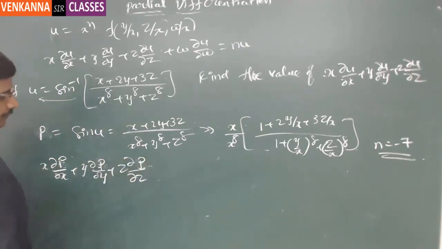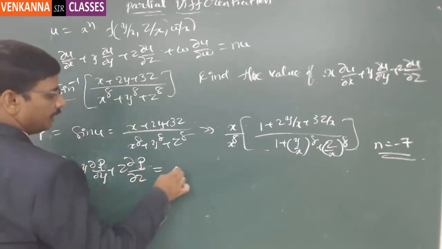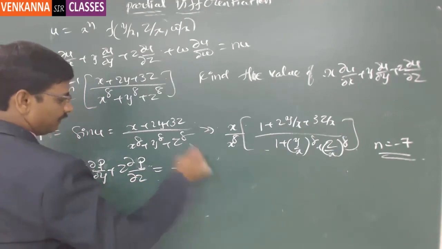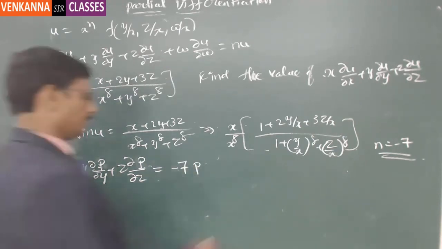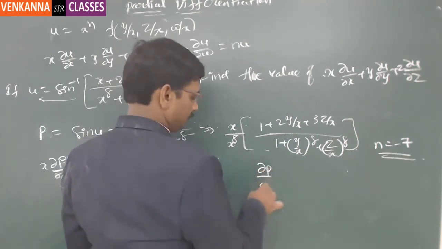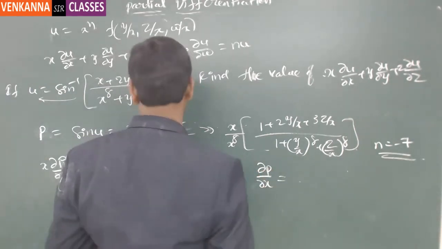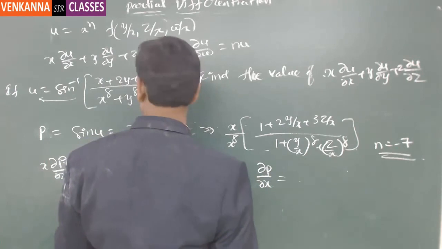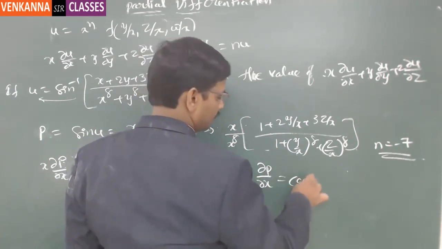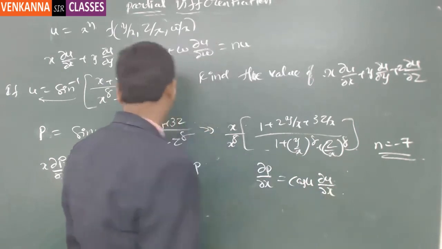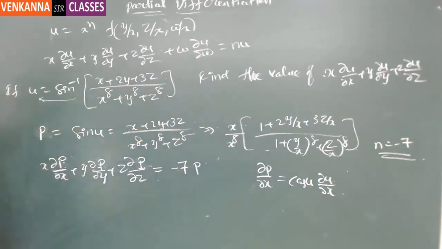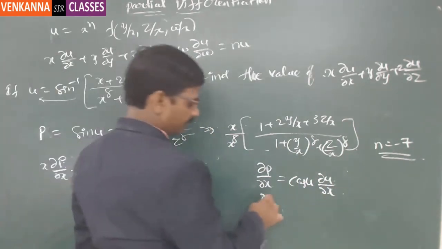So x ∂p/∂x + y ∂p/∂y + z ∂p/∂z = n times p, that is -7p, but p = sin u. So ∂p/∂x is the derivative of sin u with respect to x. That is cos u ∂u/∂x. Similarly, everything can be done with respect to y and with respect to z.